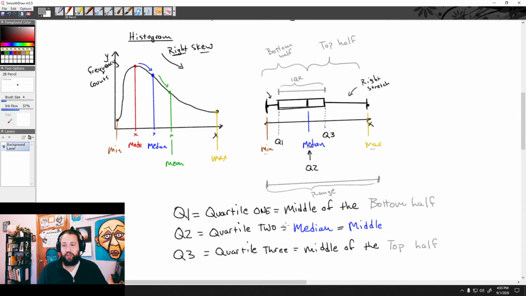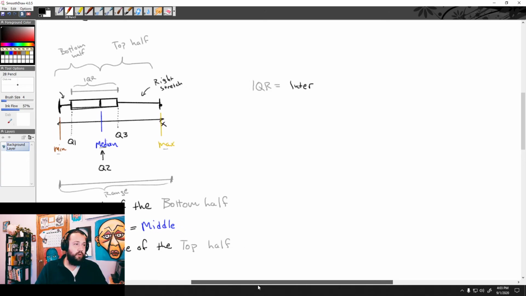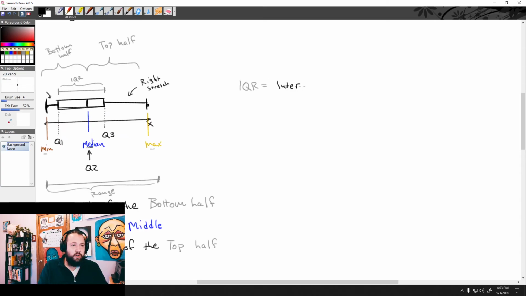And how do we actually calculate those? The way we calculate those is IQR, which stands for interquartile range, is literally my Q3 minus my Q1.